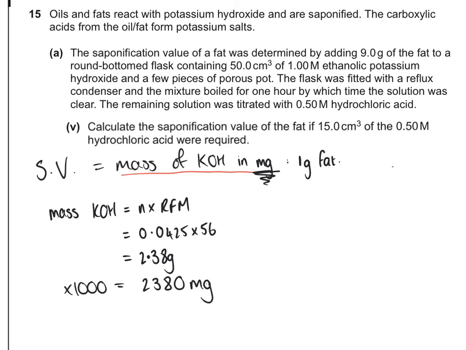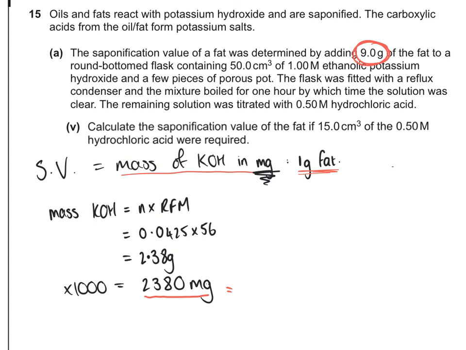But we notice from the question that I have 9 grams of fat. So that value is telling me that I would need 2,380 milligrams to completely hydrolyse 9 grams of fat. But looking back to my definition for saponification value, I need it for 1 gram of fat.